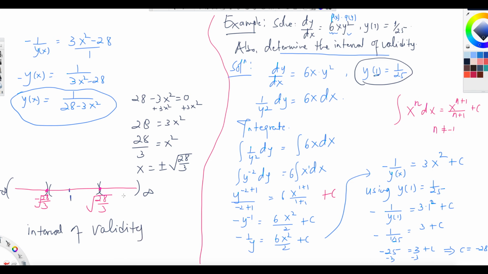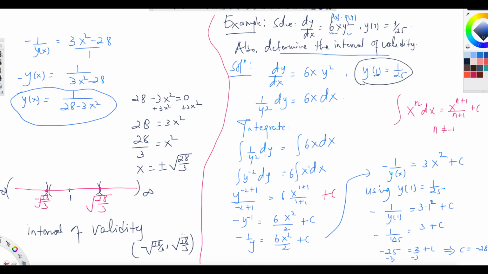There are 3 possible intervals where the solution function is defined, but the interval of validity is the one where the initial value of x belongs. 1 is the initial value of x here, and 1 belongs here. So the interval of validity is from negative square root of 28 over 3 to positive square root of 28 over 3.